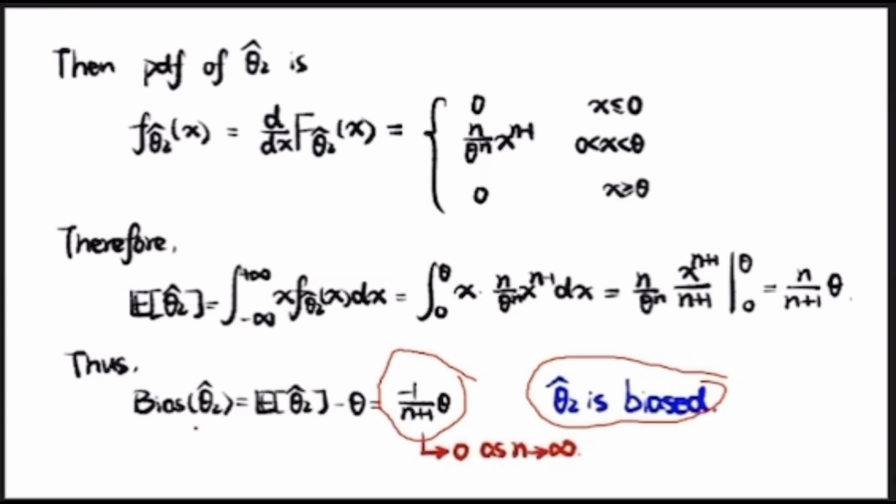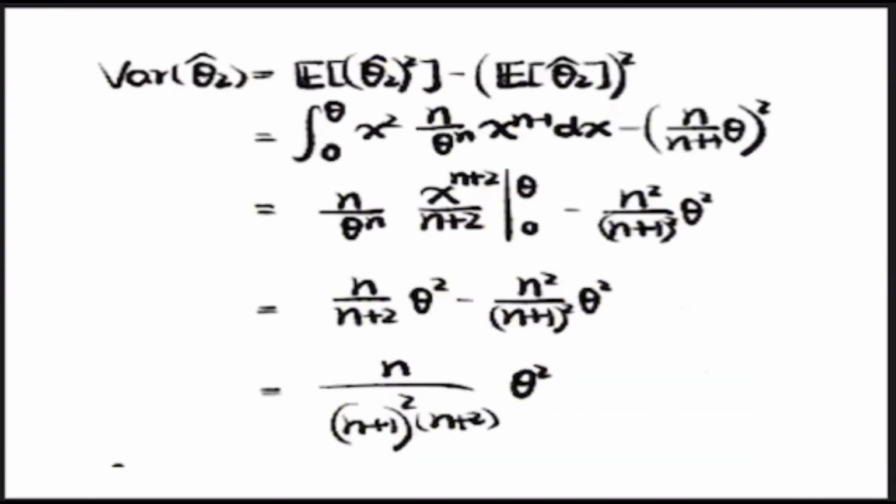Okay, now we've investigated that. Then we need the mean square error for this theta cap 2. But if you want to find the mean square error, you need to first obtain the variance. I want to find the variance now. You remember this formula?